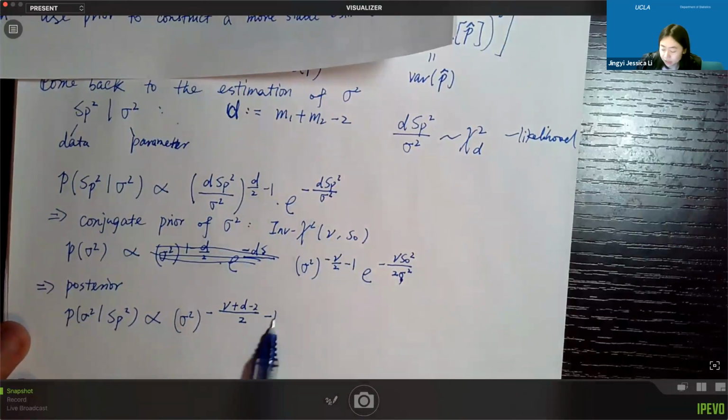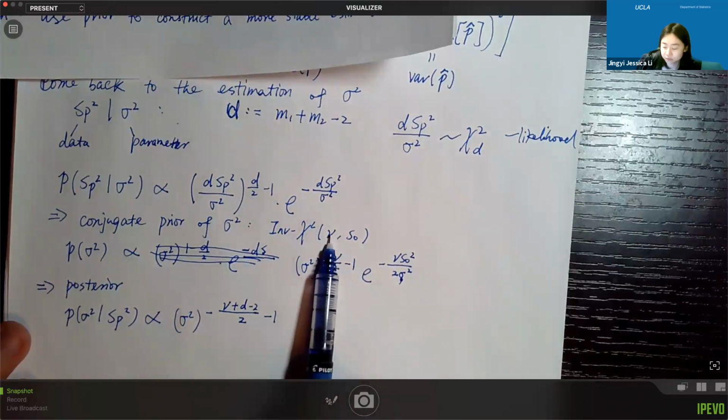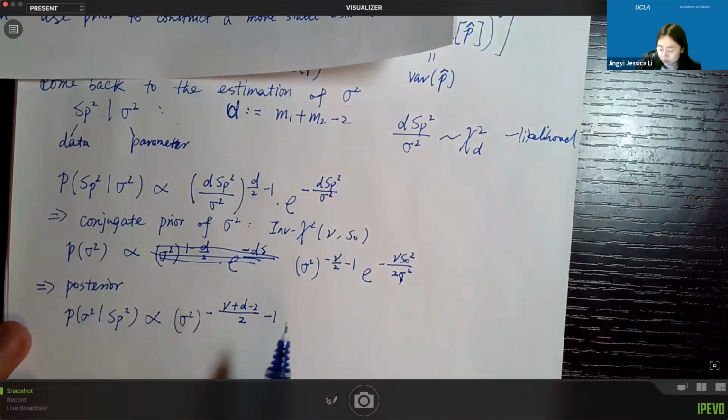Then I can immediately recognize that the first parameter of the inverse gamma is this nu. So I want to create this nu. You see that in the posterior, by creating this form, the numerator here will be the first parameter of the inverse gamma that corresponds to the posterior.